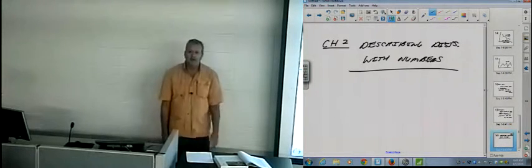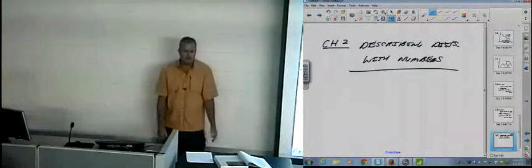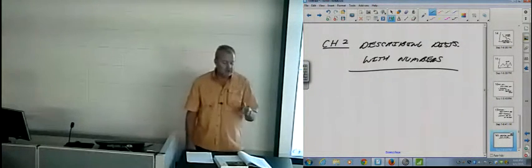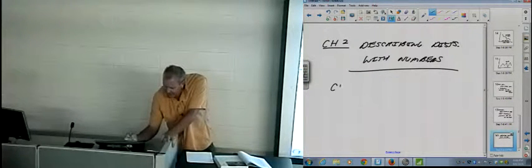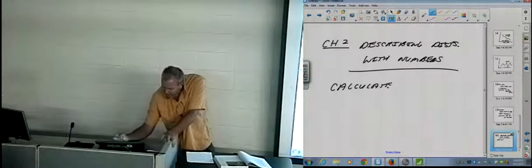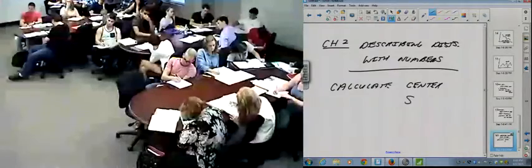It's finally going to look like a math class. We're going to calculate something. And I'm going to be honest with you, we're going to calculate three things here. We're going to calculate center and spread.